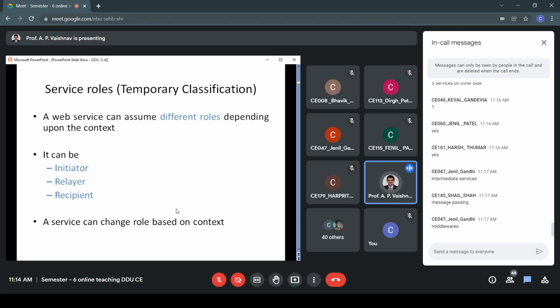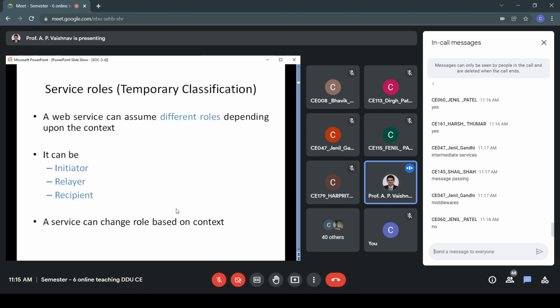Now, ultimately, the message has to go to the recipient, right? Can the recipient be more than one? Yes or no? Okay, if I add one more term, under one scenario, there will be only one recipient.